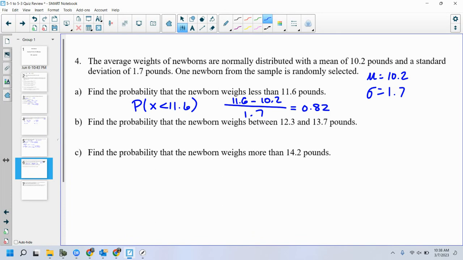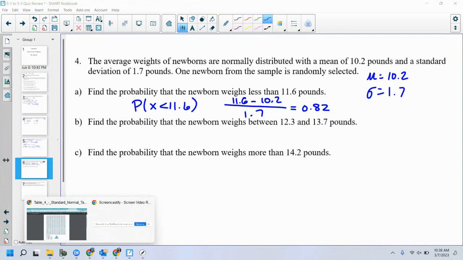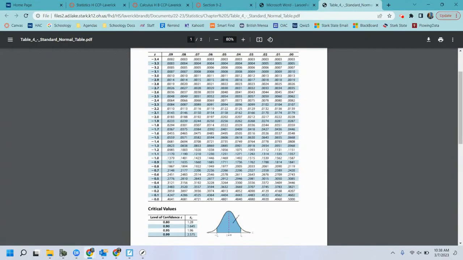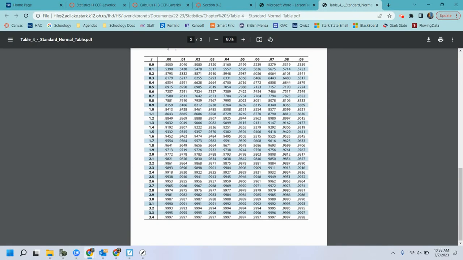You know what a lot of people did? I remember this from last semester. This is like making an alarm go off in my head. A lot of people said, oh, it's 82% chance. Don't confuse z-score with probability. Z-score you use to get the probability. Always get the probability off of the table. 0.82, positive number.